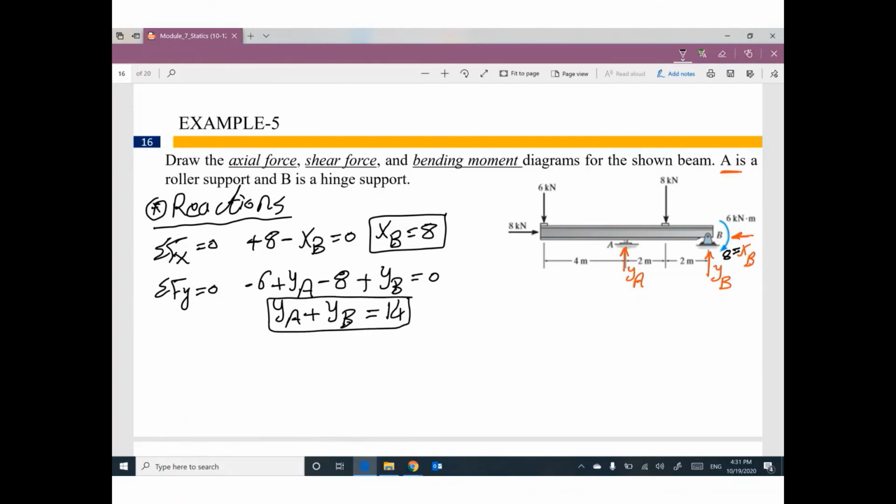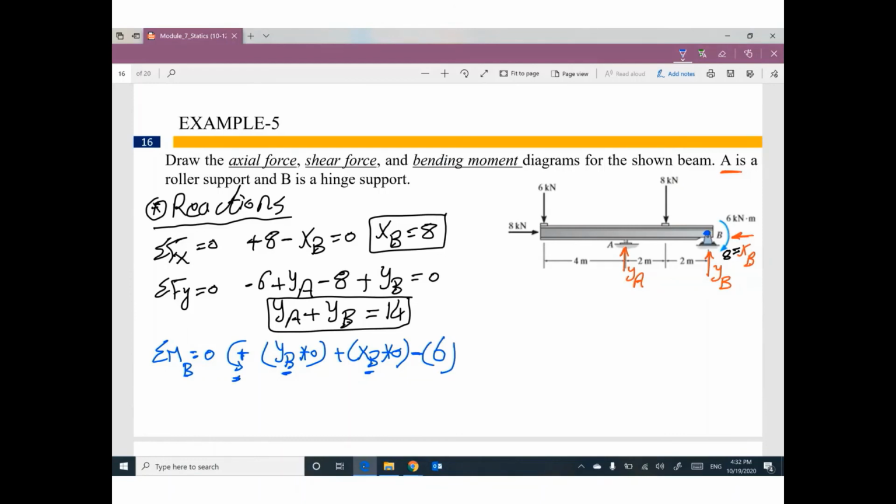The third equilibrium equation is summation of moment at any point equals 0. I highly recommend taking moment at B, and I'm going to assume this direction is positive. Taking moment at B, YB times 0, XB times 0, we don't have distance. These are forces, they need distance, but we have a moment 6, negative, opposite to your assumption.